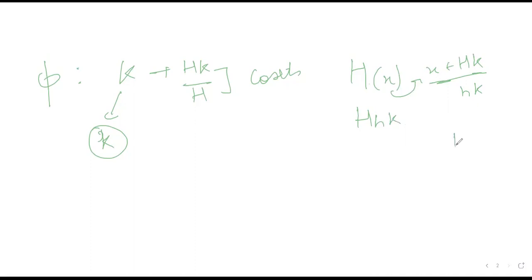Now we also know that HH equals H because h belongs to H. So if you see, in reality, this H will get absorbed. You will finally get only H and some small k. So elements of HK upon H will be of the form of the coset H into small k.